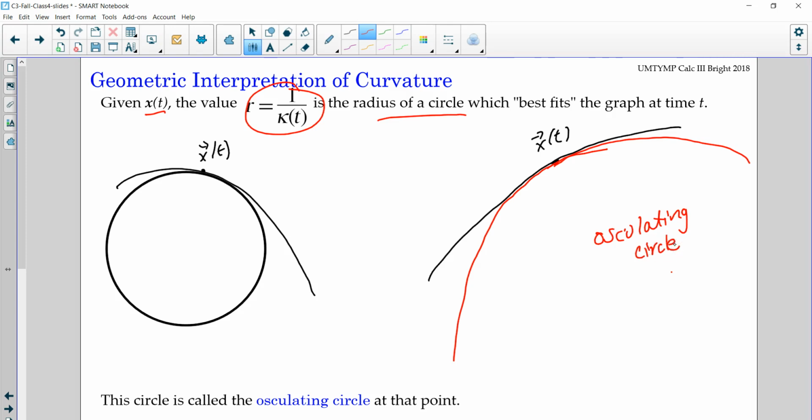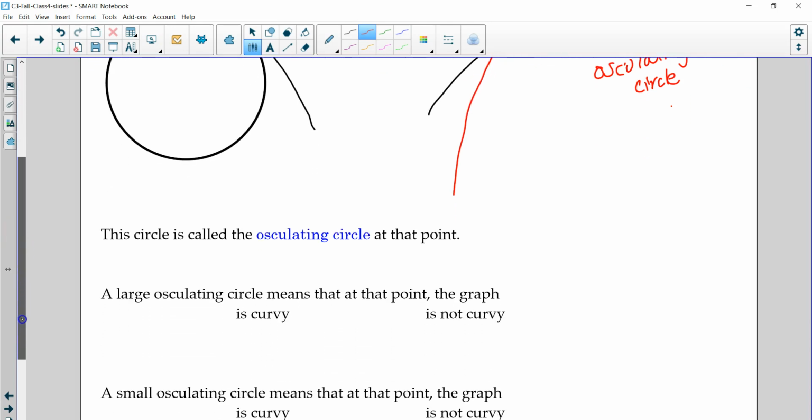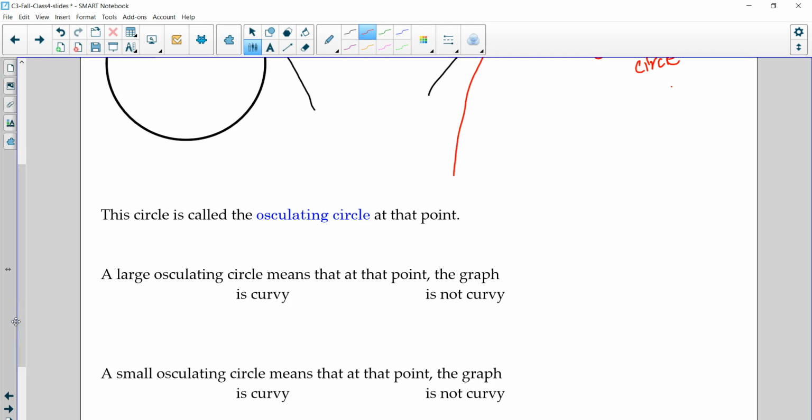Okay, and so I'm going to have you just pause for a moment with these next two questions. So if we have varying sizes of osculating circles, what does that mean about curvature and curviness? So pause and see if you can answer these on your own.